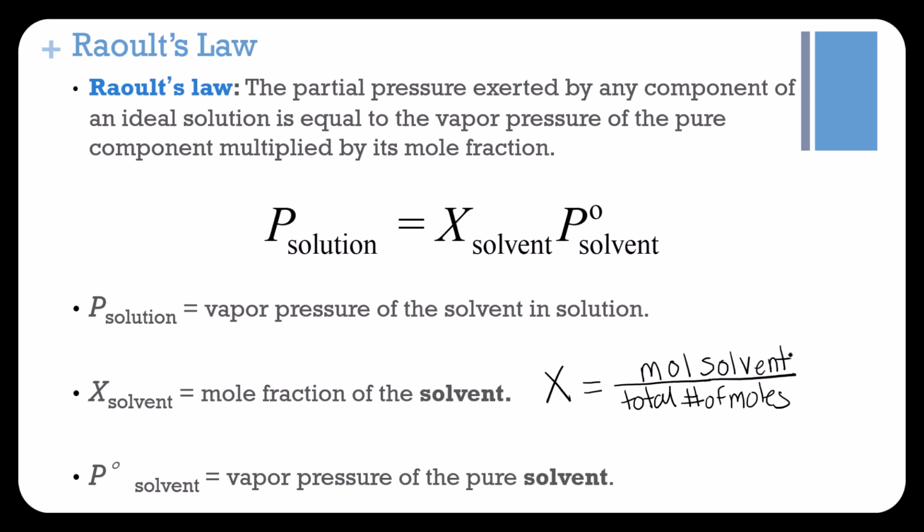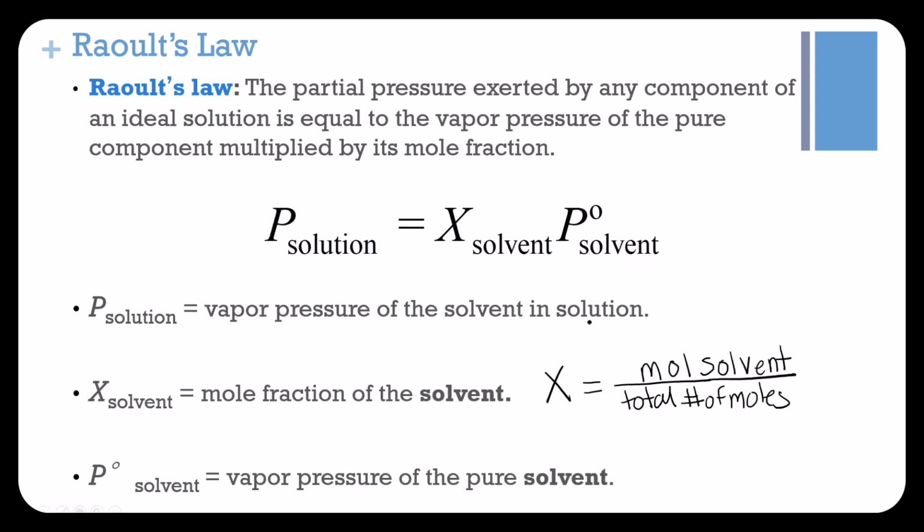So mole fraction is just kind of, you can think of it kind of like a percentage, like what percentage of the particles are at the surface available to vaporize, right? So if this was a pure substance, the moles of solvent and total moles would be even. So this would just be a 1 value, right? But now we're adding particles to the solution.